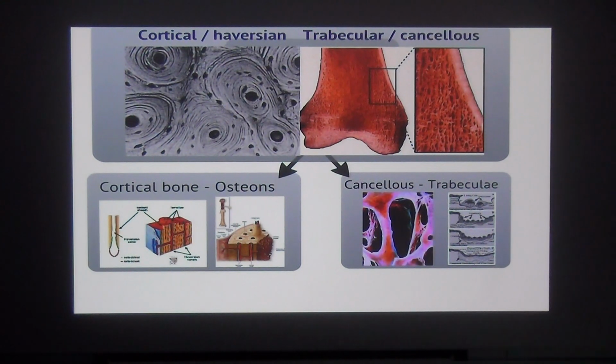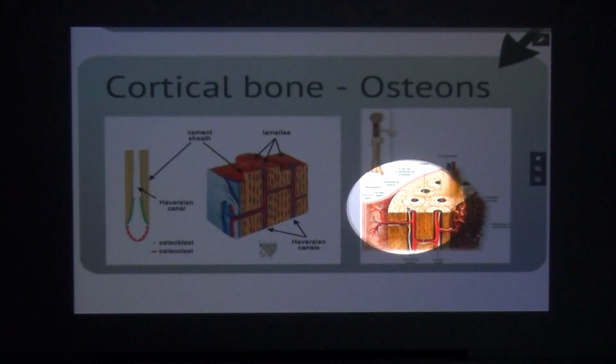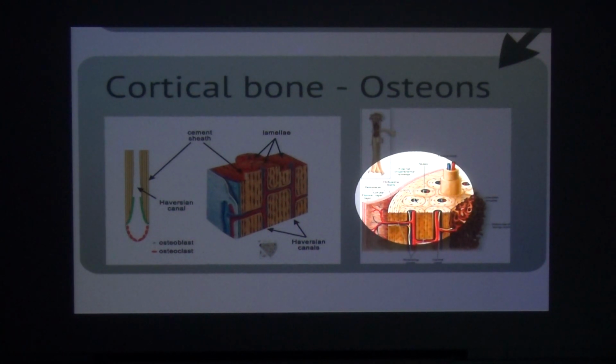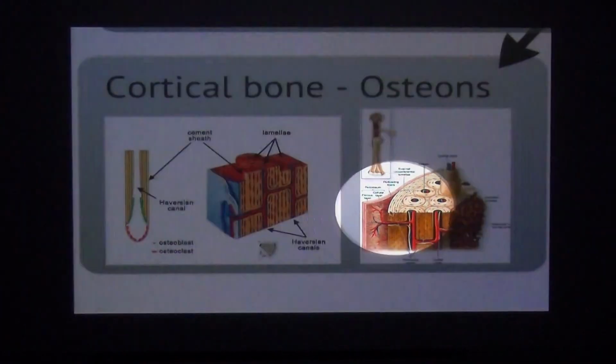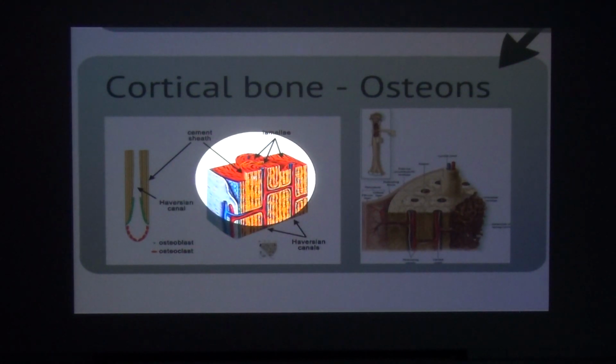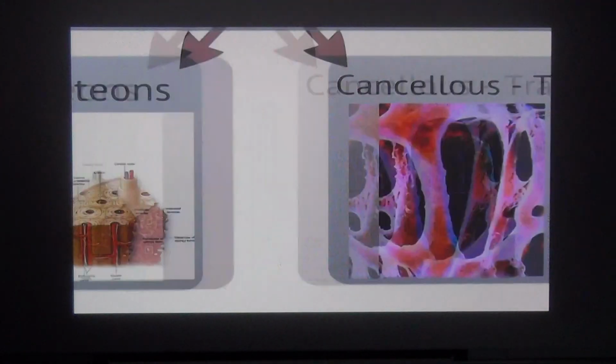All of the osteocytes around the edge are getting their blood supply from the central canal. Okay? Fine.